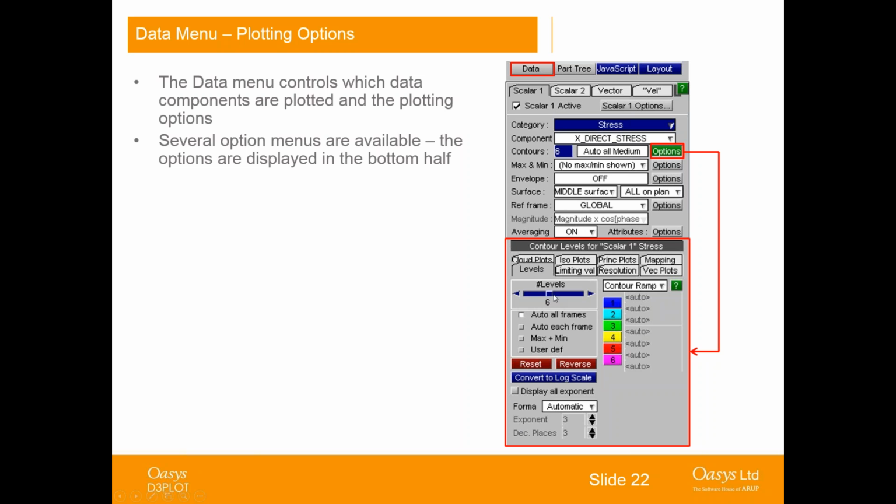So for example, we can change the level of contours, we can change the color of the contours, we can have user-defined contour levels, or we can ask D3plot to automatically change the contour levels to the minimum and maximum and just linearly interpolate between those for the different levels. And we can choose to change the display of the numerical display.